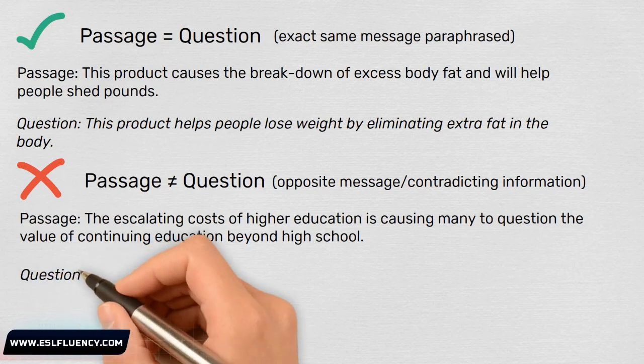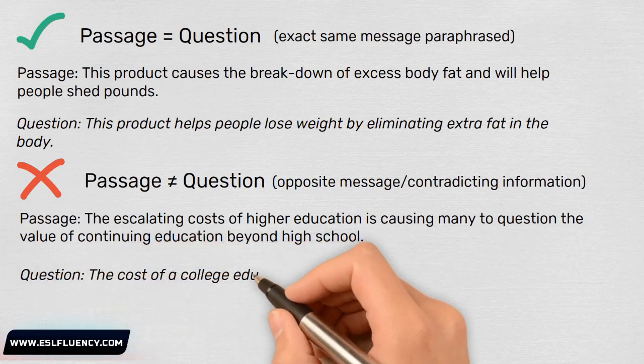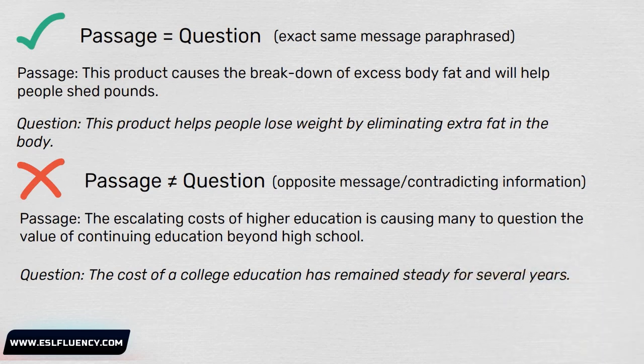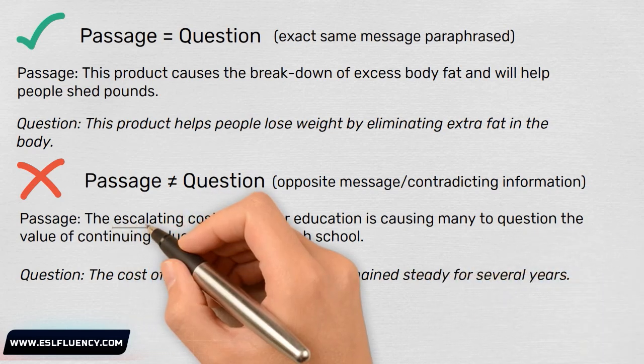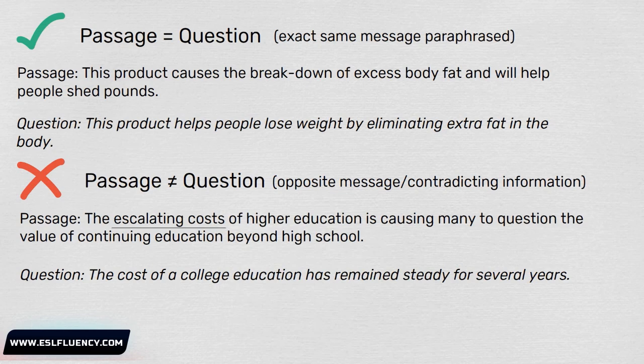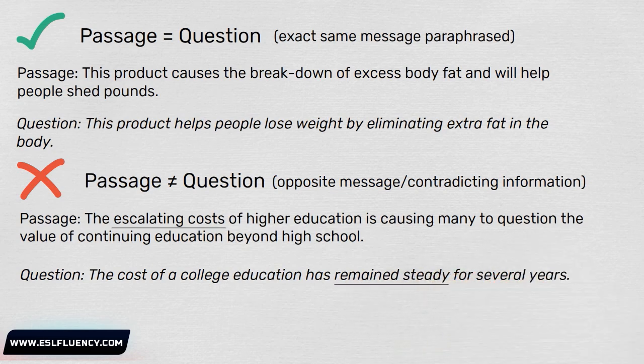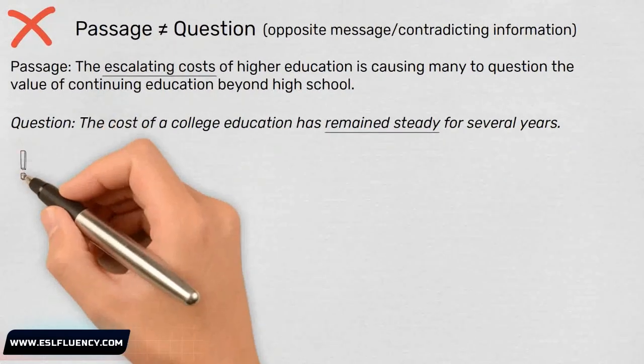And the question says, the cost of a college education has remained steady for several years. As you can see, the passage basically says the costs are going up, but the question says they don't change, so they contradict each other. The answer here is false.